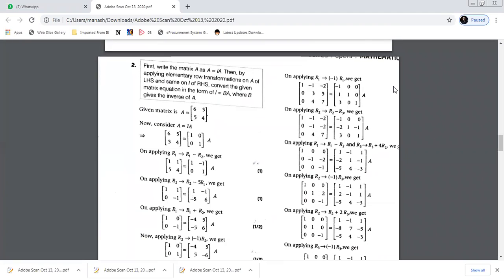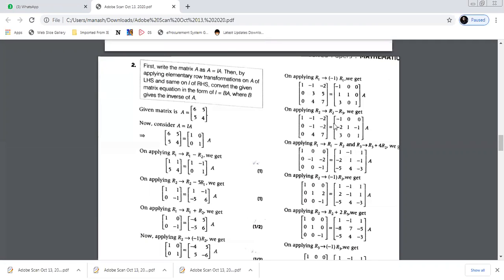Clear? After that, our aim is anyhow to make these two elements either equal to 1 or equal to 0. So how can we make this element equal to 1 or -1?